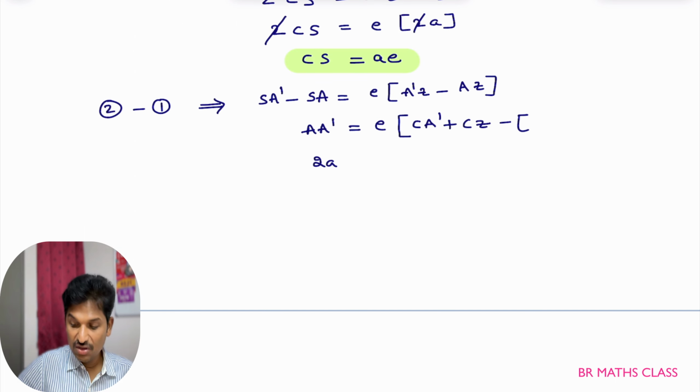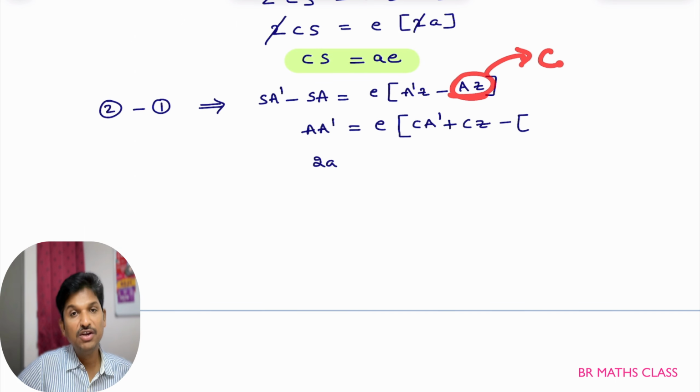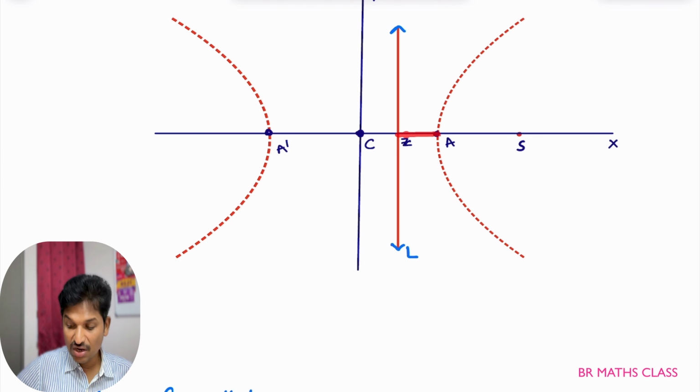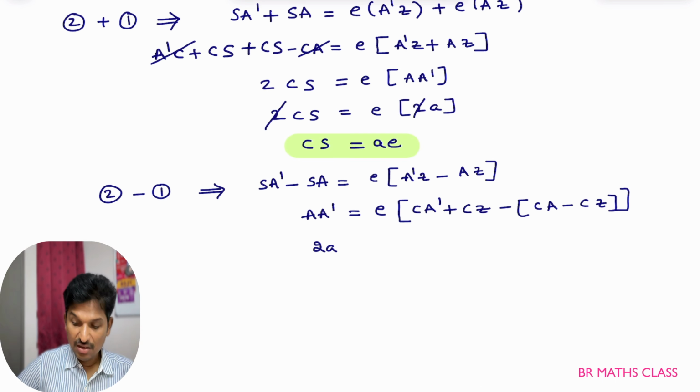Now this AZ is there, and I want to write it including C. Observe the diagram. We can write it as CA minus CZ. CA minus CZ is AZ. Now observe, minus CA plus CA dash, both will get cancelled, right? So what will you get in the right hand side part?